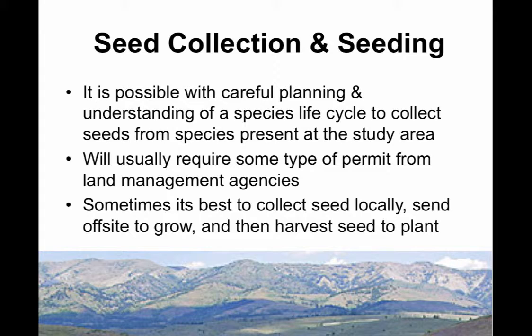Usually we'll require some type of permit from a land management agency if you're going to go out on Forest Service land or BLM land and collect seed to use as part of your restoration plan.